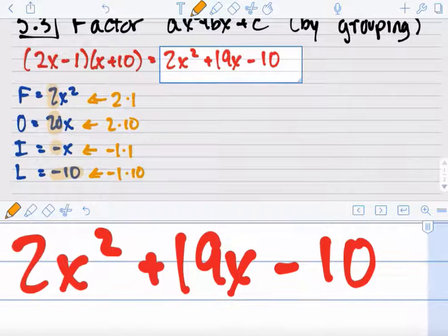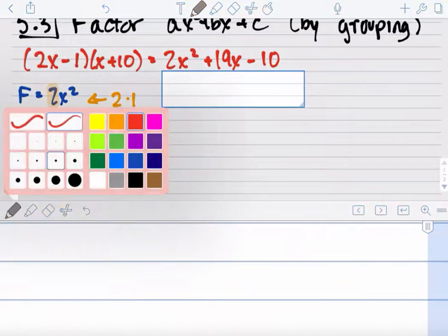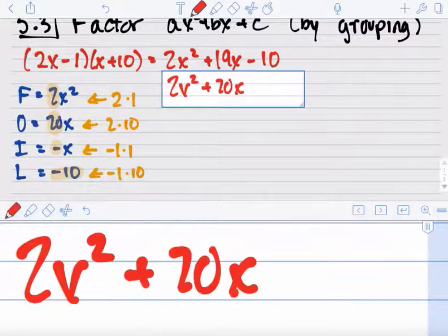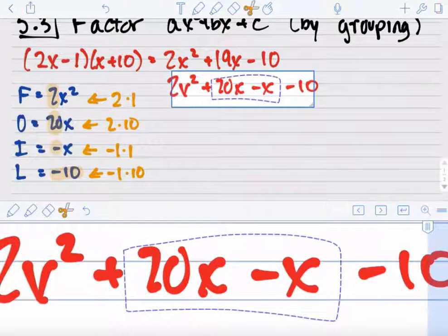Okay, so we need the outside and inside terms. To get the outside and the inside term, you've got to break this up like so, just like if you had written them out, plus 20x minus x minus 10. So the idea is, what do we have to do to figure out what these are?